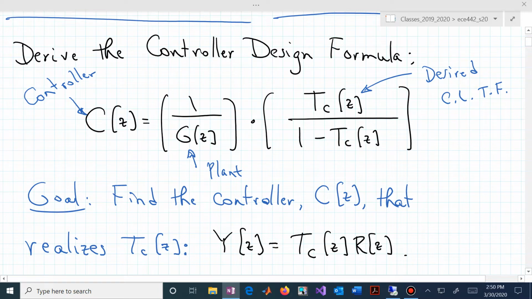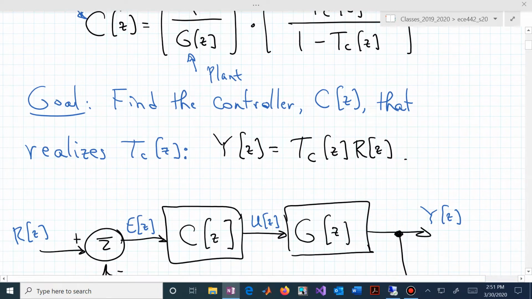So now let's find why that is true. Why do we have this expression as a result of wanting the controller C of z to achieve the closed loop behavior that you want between the reference input r and the output y.